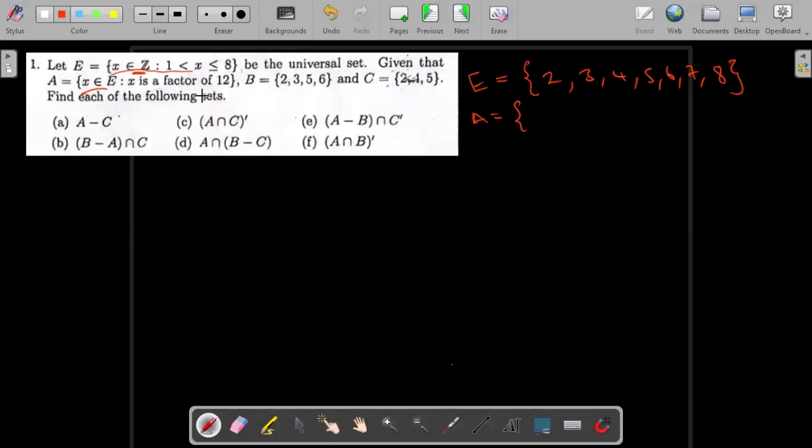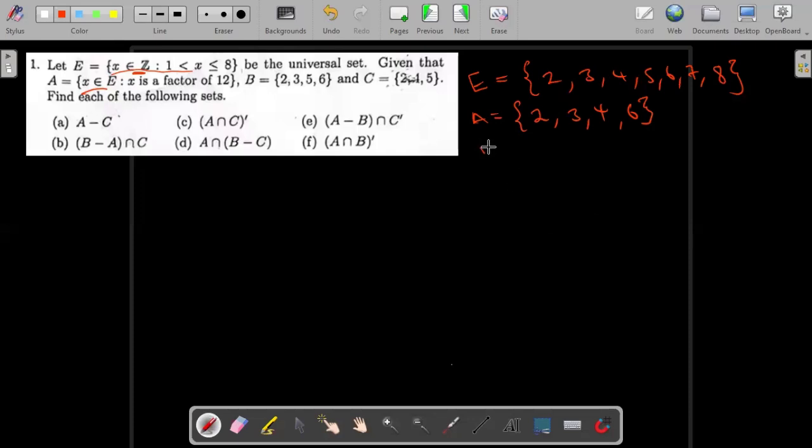For my set A, they've said that set A is a set such that X is a member of this universal set, and X is not only a member of the universal set, but X is a factor of what? Of 12. So from the universal set, I will list down the factors of 12 that are there. The factors of 12 that are there, that is 2, 3, 4, and what? And 6 are factors of 12.